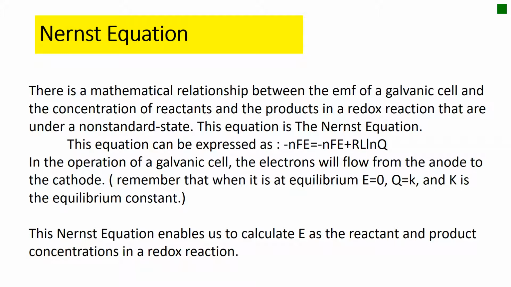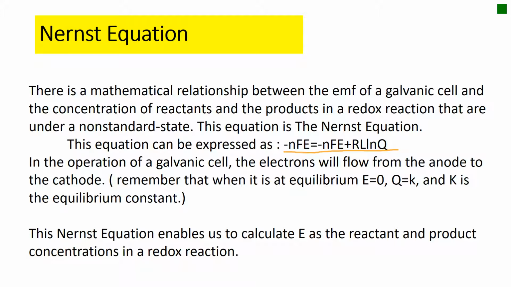So this equation is something very important. As soon as you get all the numbers, you just plug them into this equation and you can use the Nernst equation basically.